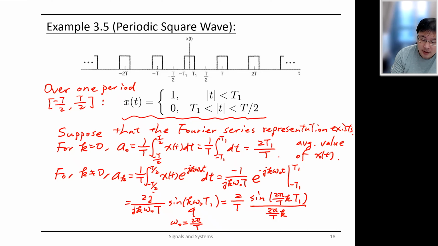So let me just write a T1 here and a T1 here.